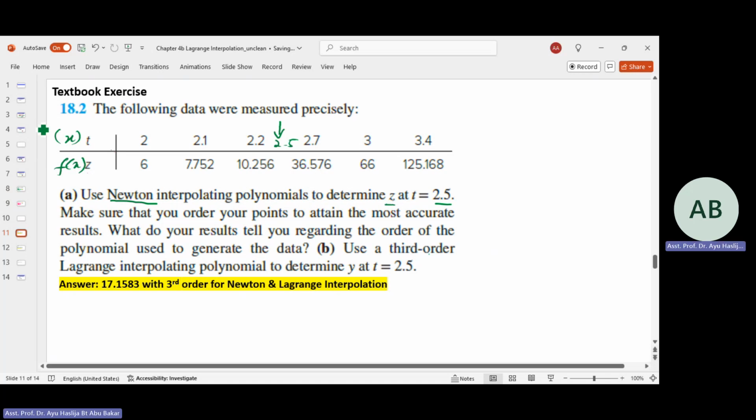For A, it doesn't mention what order, so just fix n equals 3 so that we can compare with the B. Using third order, find y at t equals 2.5. This is your f3x.